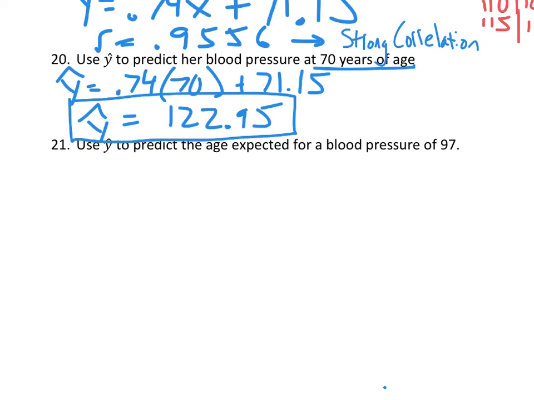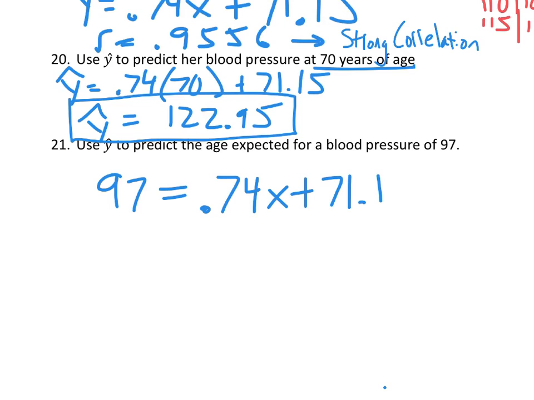Okay, and then last but not least, let's use that to predict the age that we would need if we had a blood pressure of 97. So the blood pressure is the y value, and so we have 97 equals 0.74x plus 71.15. And we just need to use our algebra to solve that. So we're going to subtract, and we're going to show our steps here. You can use your calculator to do the calculations, but you need to show your work as you do this.